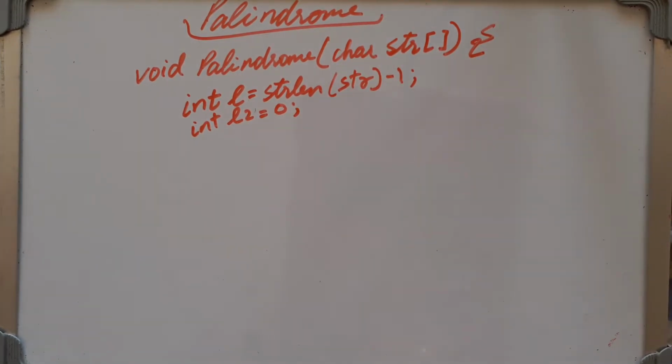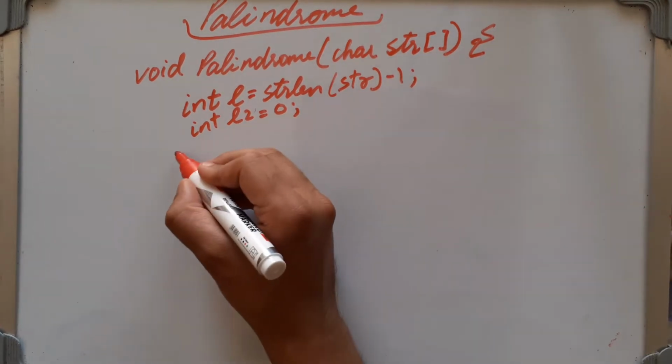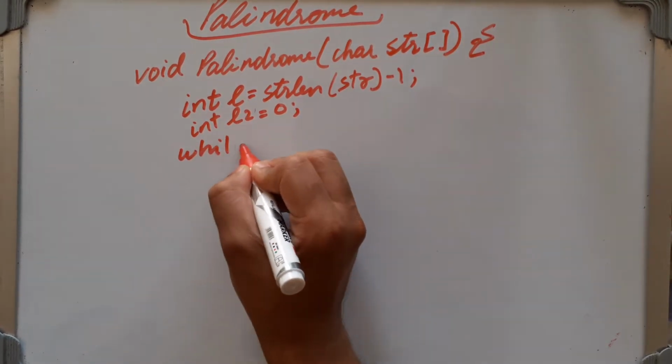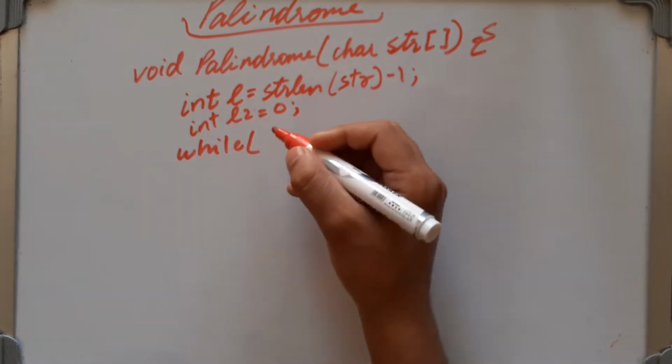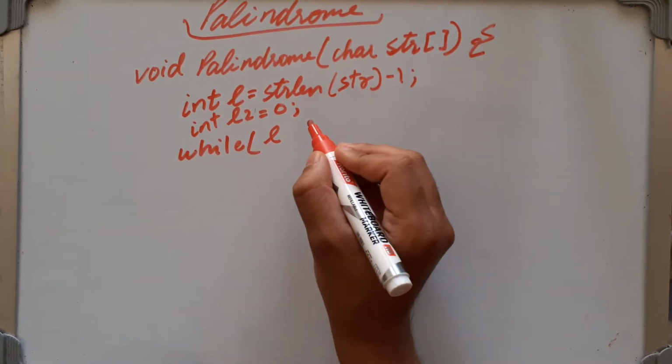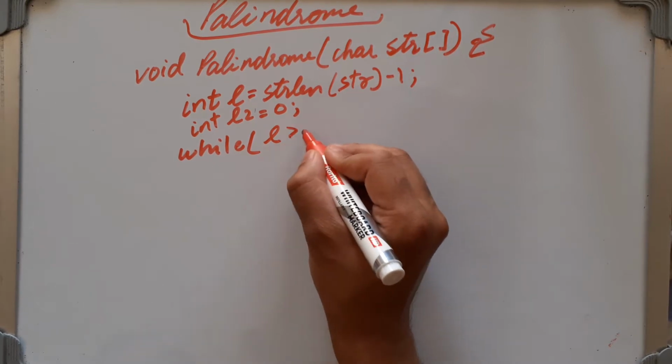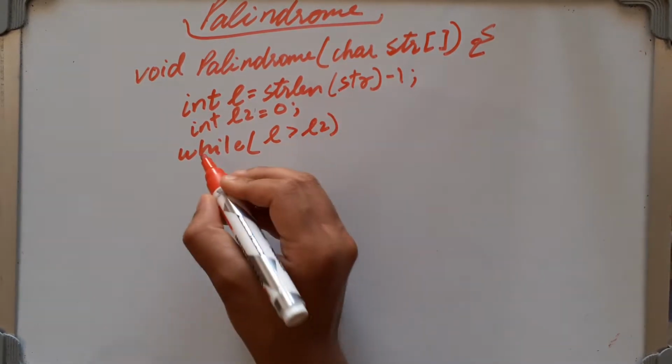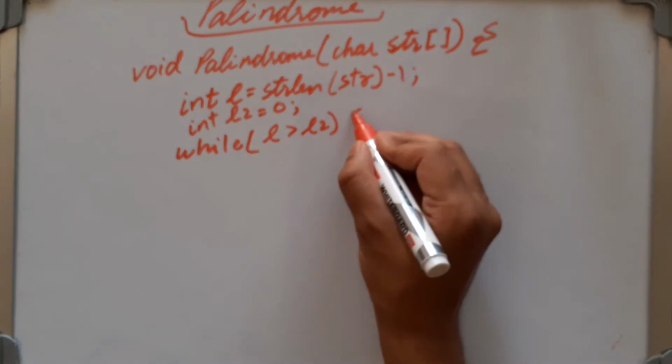Now take a while loop, and in the while define that L should be greater than L2. I will explain after the whole program.